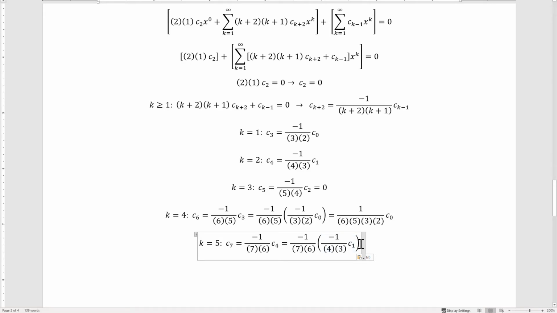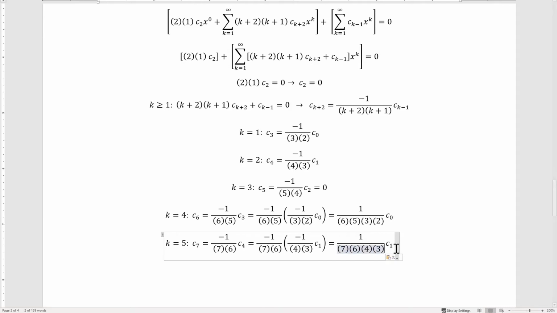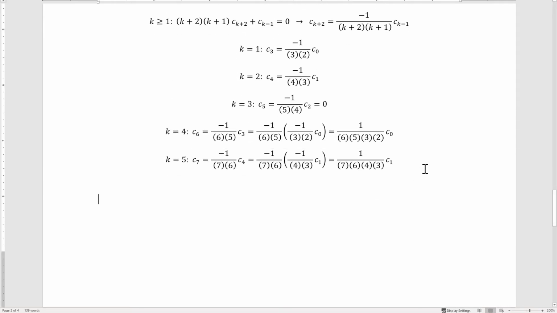And again, we get a 1 divided by something and then a c sub 1. So it becomes a positive with the 2 negatives, and then we have 7 times 6 times 4 times 3. And we have c sub 7. Okay, we can continue on with a pattern, but we'll stop here, and then we'll see how this is going to look like.